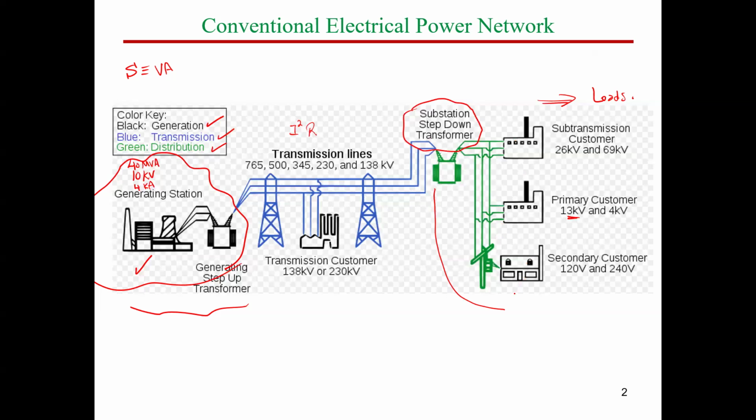For that, guys, we call this conventional grid centralized power generation, because the power generation is only centralized in the generation stages. But if you have some electrical sources on the customer side, we call them distributed resources. Distributed resources like what? Like photovoltaic.